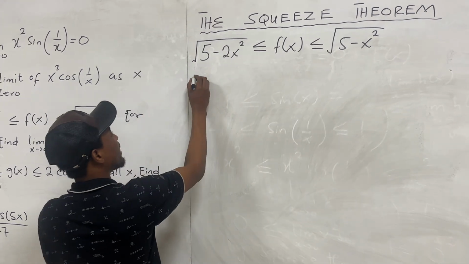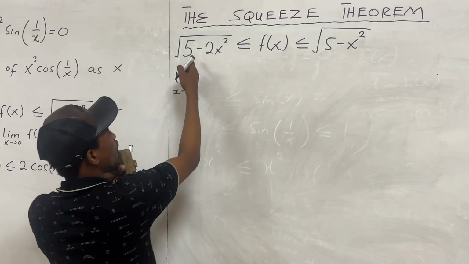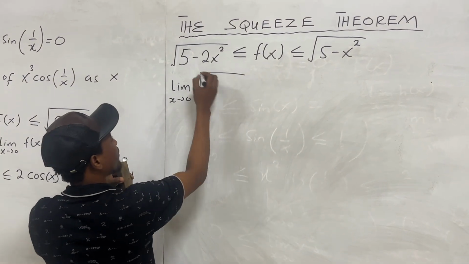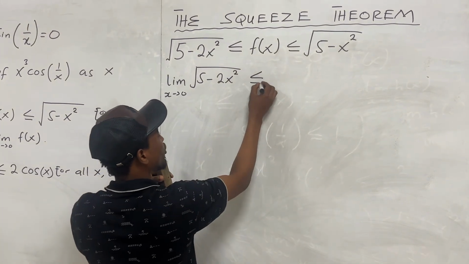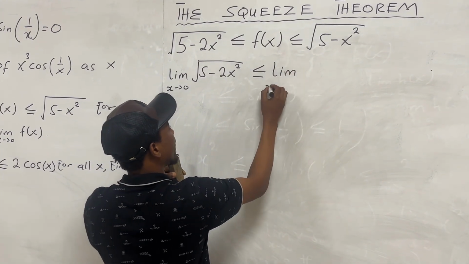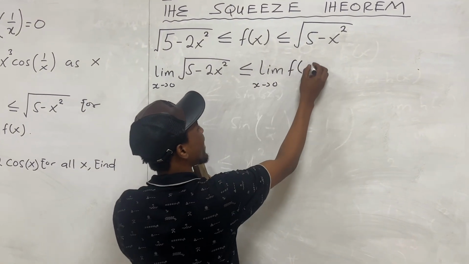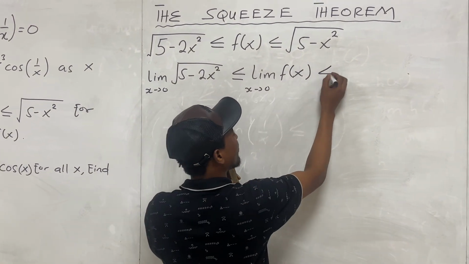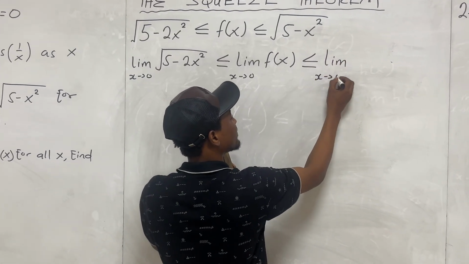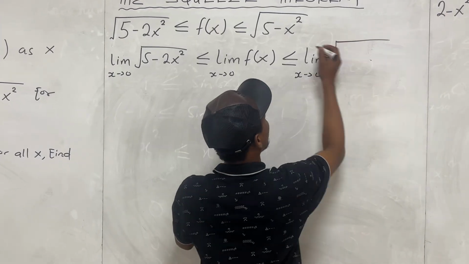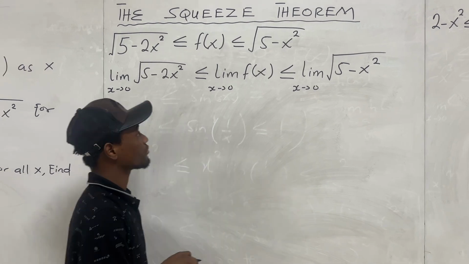I have the limit as x approaches 0 of the square root of 5 minus 2x squared, less than or equal to the limit as x approaches 0 of f of x, less than or equal to the limit as x approaches 0 of the square root of 5 minus x squared.